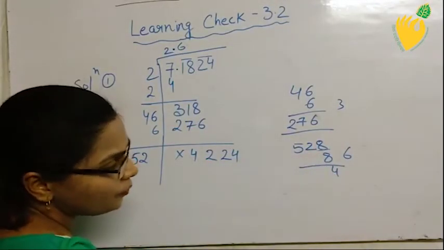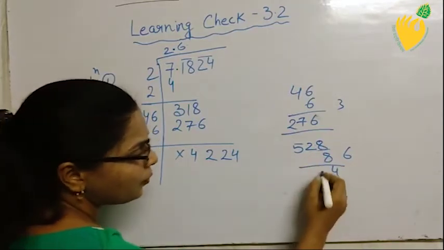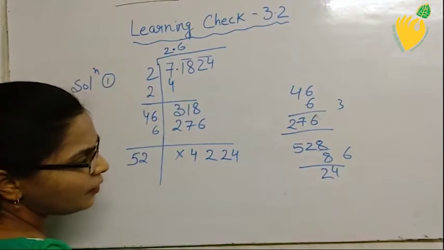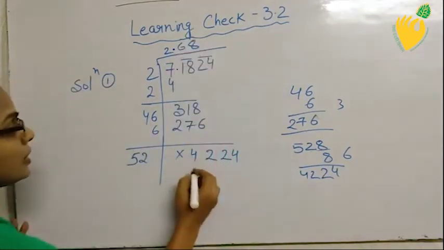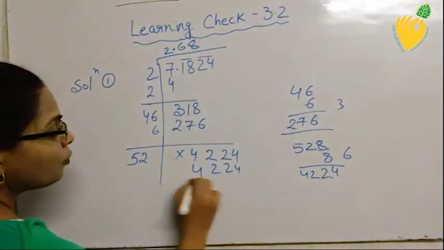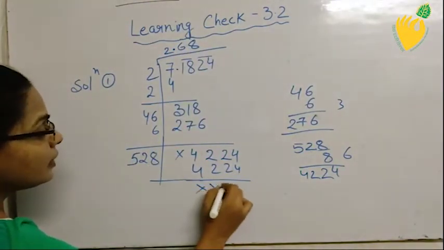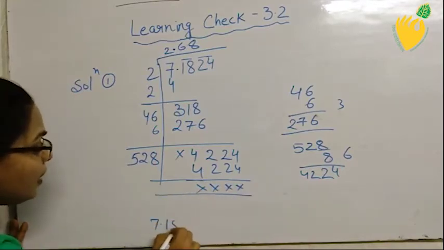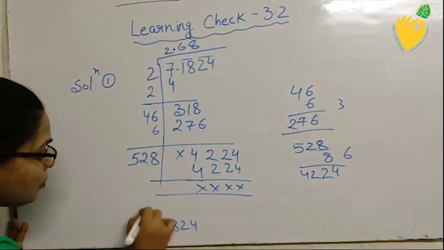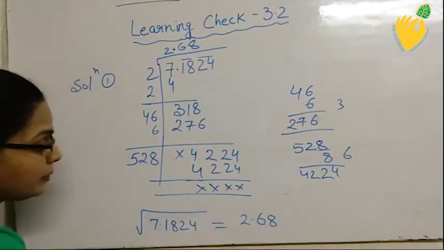So 8 into 64, 8 times 8 is 64. 8 sixes are 48, plus 6 is 54... 8 into 8 is 64, 8 into 2 is 16 plus 6 is 22, 2 is carry, 8 5s are 40 and 2 is 42. So it is 4224. We will write 8 here. So you can write 7.1824, that is the square root of this is equals to 2.68.